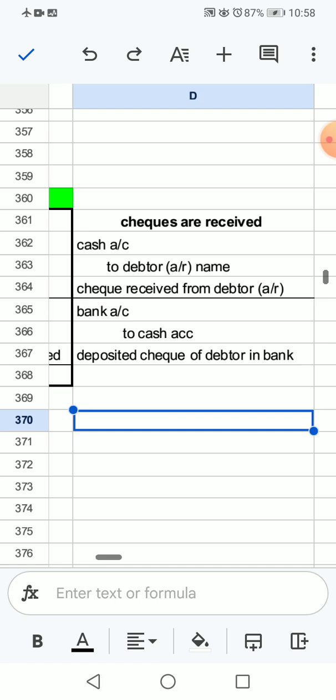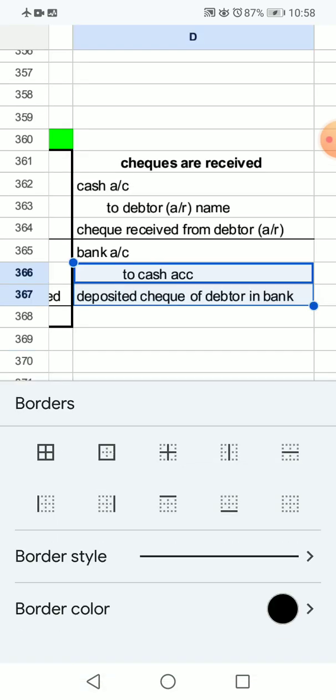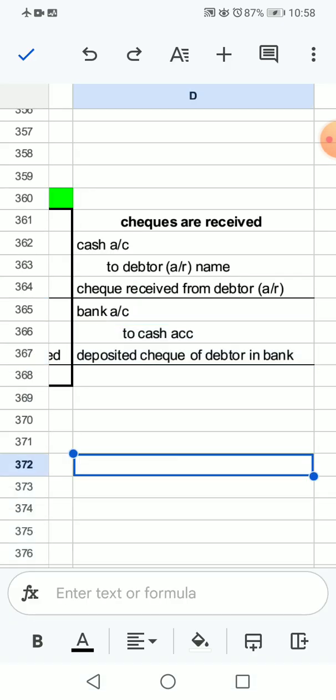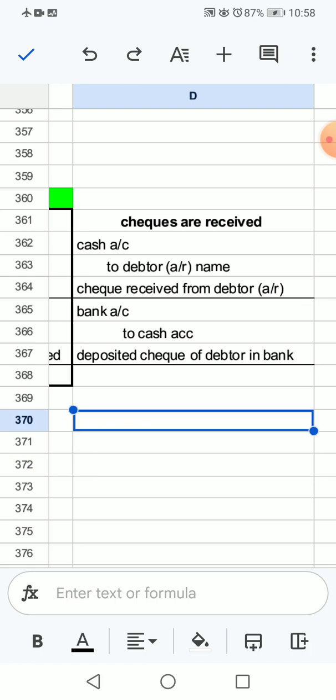In the next stage, we will see if you have deposited your check in your bank account, and after depositing that check, bank manager will seek amount from your debtor, but due to any reason, due to insufficient fund, due to wrong signatures, due to wrong amount put into the check, or date was mistakenly written into the check, due to any reason, that check has been dishonored.